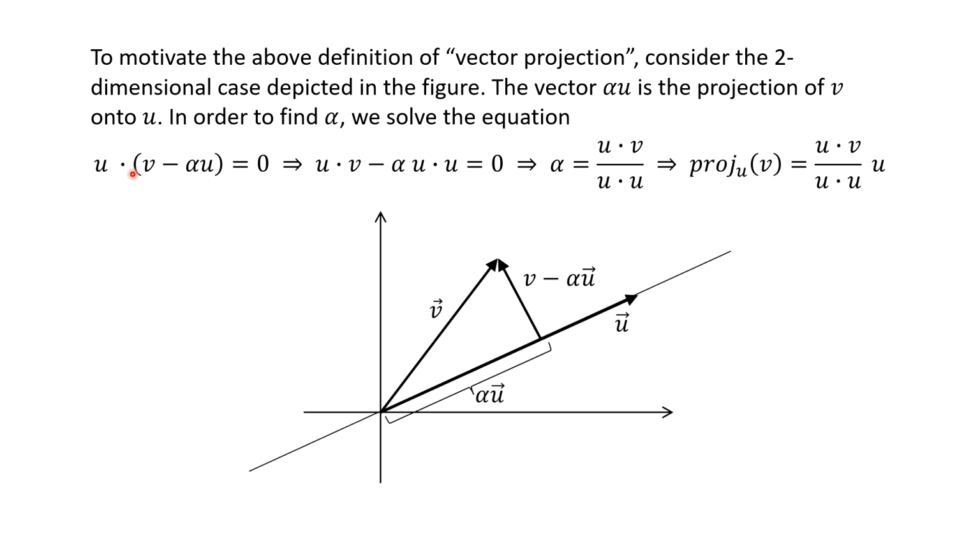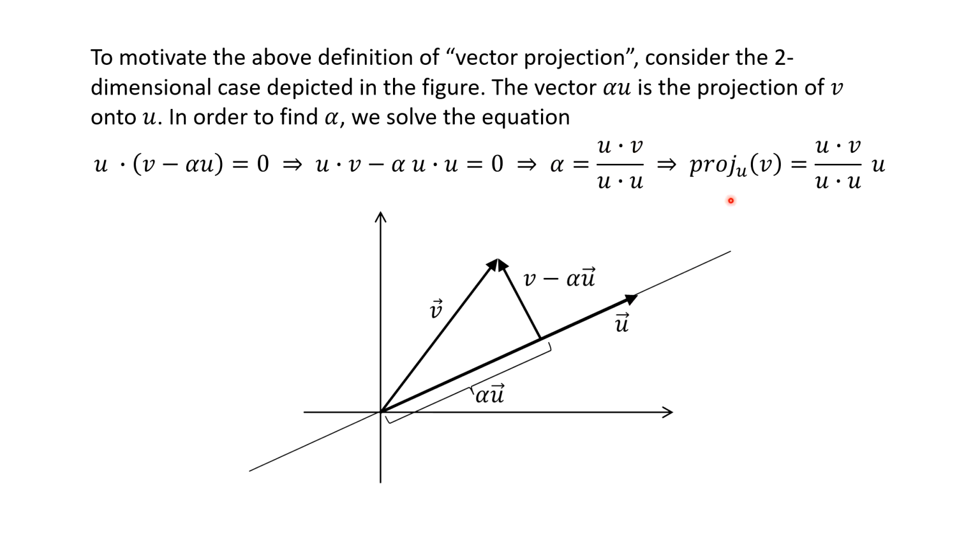So it's u dot v, minus alpha times u dot u. We want that to equal 0. These are all scalars. This is a scalar, alpha is a scalar, and this is a scalar. So we could just add this to the other side and then divide by the dot product of u with itself, and then we get the value for alpha.